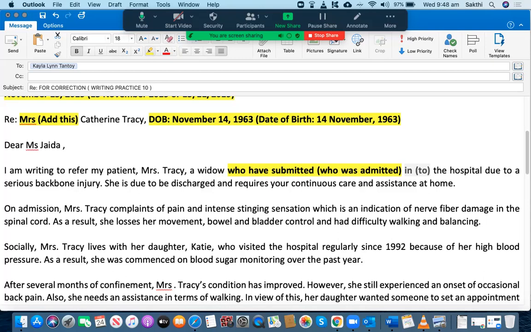You have problems with the use of prepositions, and as a result, I would recommend you watch the videos where I have shared the techniques on how to use prepositions. Okay, "admitted to the hospital due to a serious backbone injury." That's good. Everything else is good in this particular sentence. "She is due to be discharged and requires your continuous care and assistance at home." That's good. But could you please write down when she is going to be discharged?